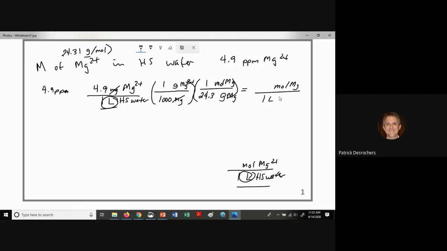Who's got a calculator? 1 liter of hot springs water. Who's got the number? Be 4.9 times 1 times 1 divided by 24.3 divided by 1,000 divided by 1, whatever that is.